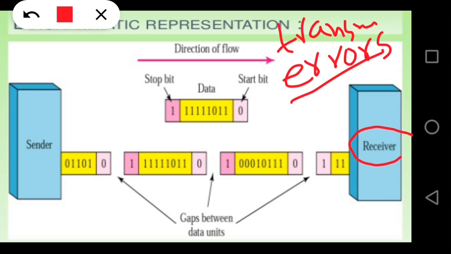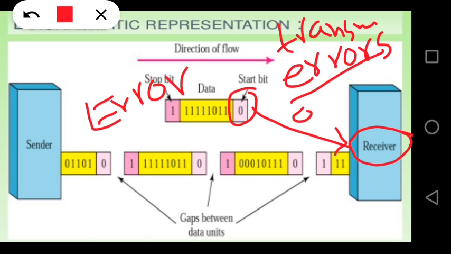First, the receiver has to identify that an error has occurred. It is supposed to receive a start bit 0 but actually received a 1. So there should be some technique with which the receiver can identify this. Simple logic: if the receiver remembers that it has received a stop bit, after the stop bit it definitely has to receive a start bit.